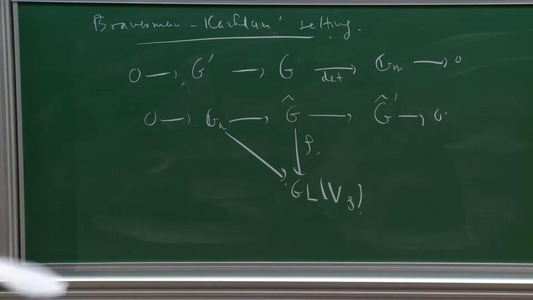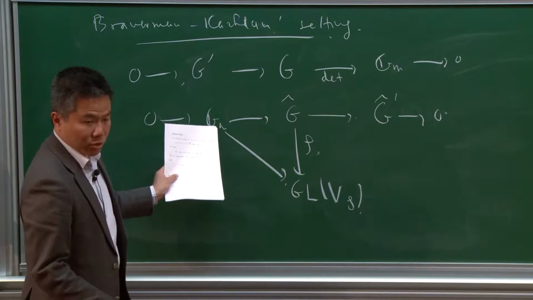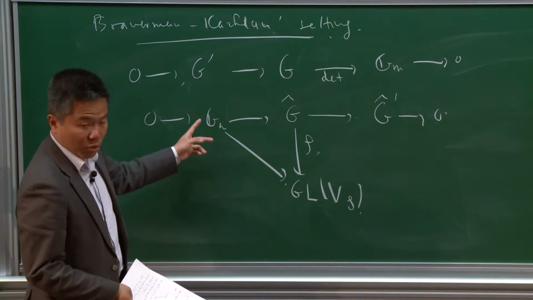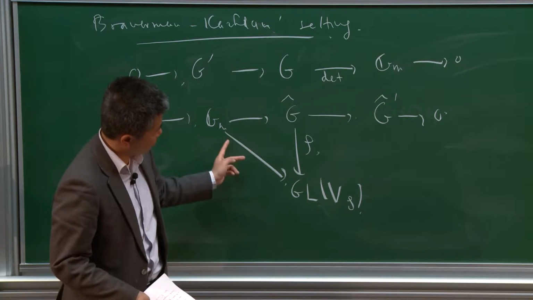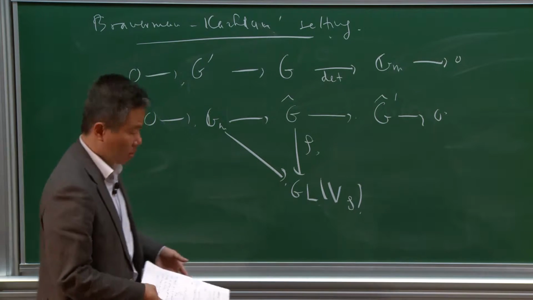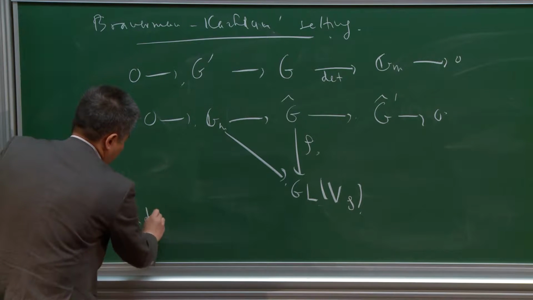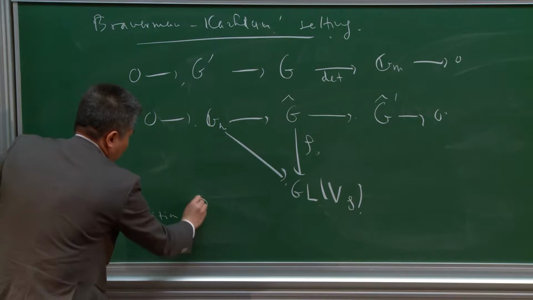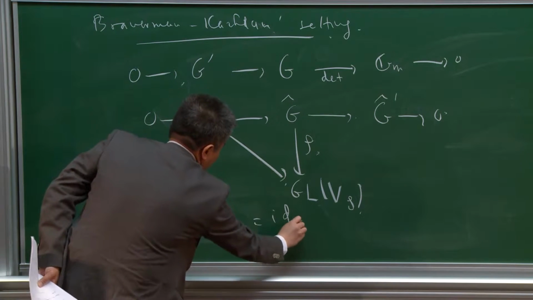So the Bellman-Carson condition is: if you restrict rho to the central G_m, it becomes the identity map from G_m central in G-hat to the G_m central in GL_n. So the condition is, rho restricted to G_m is the identity on G_m.